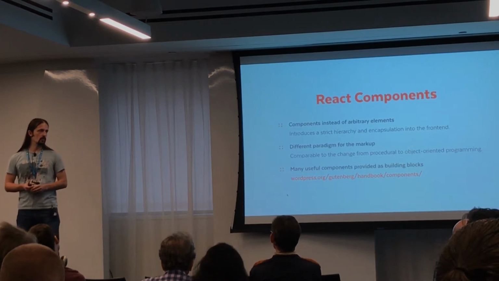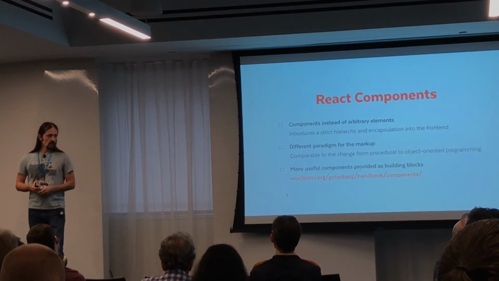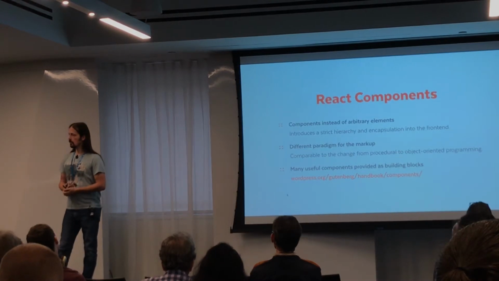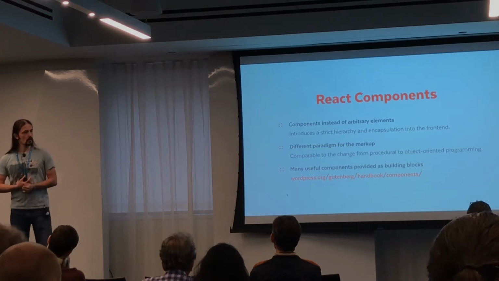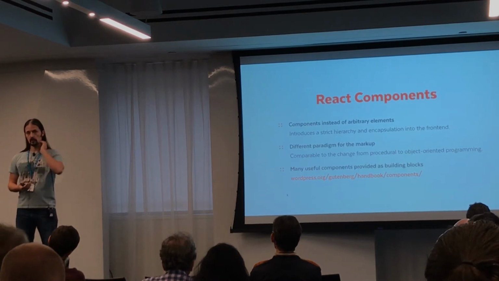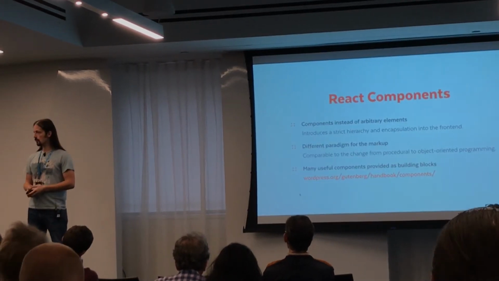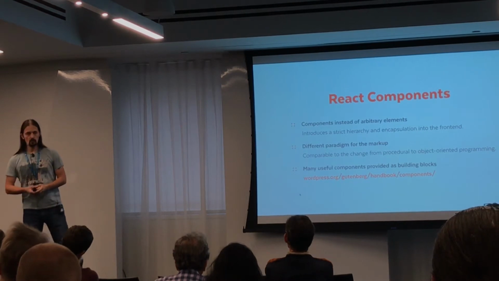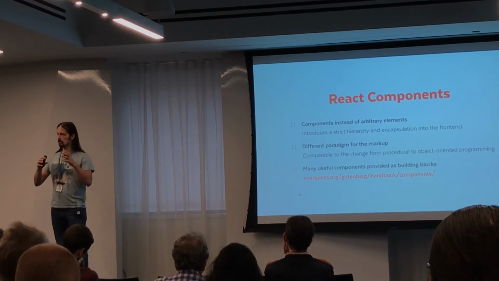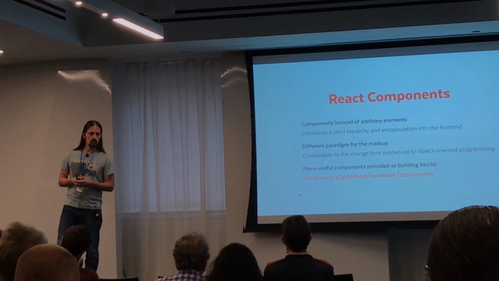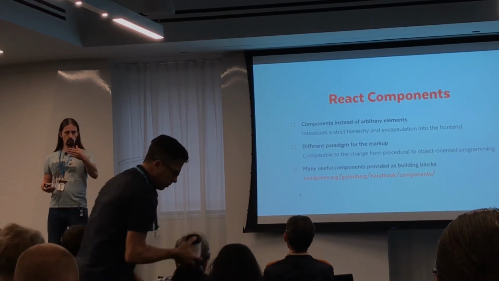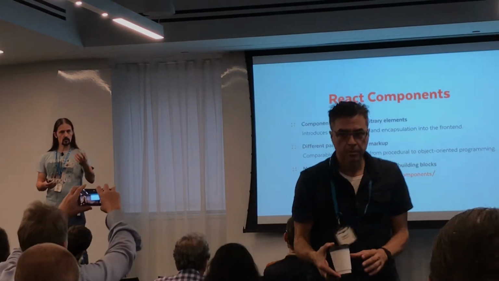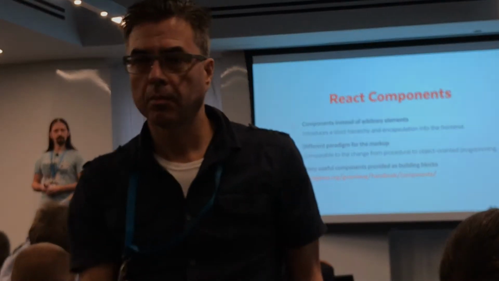There's a lot of built-in components that come out of the box with Gutenberg. There's a handbook page that provides a reference with these components. And basically, they are the default building blocks that you can use to build a React-based page that uses the Gutenberg architecture.